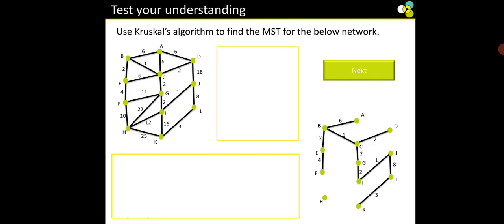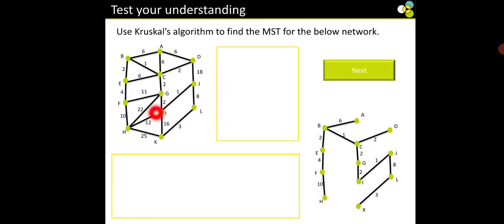Next, what is the next least path? In the sense, J to L. J to L, what is that? J to L we will be having 8. After 6 we will be having only 8, right? We don't have any 7. So we just consider the next least path, that is J to L. Our value is 8.